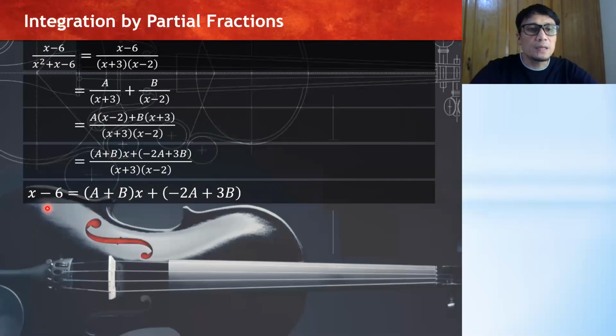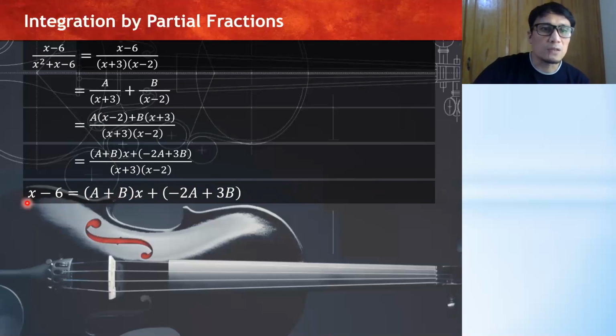Now, look at this. There is a theorem in algebra that says two polynomials are equal if and only if the coefficients of the corresponding terms are also equal. Corresponding terms are those that are of the same degree. So A plus B times x here is of the same degree as x.